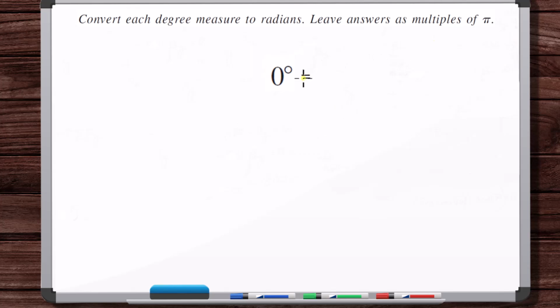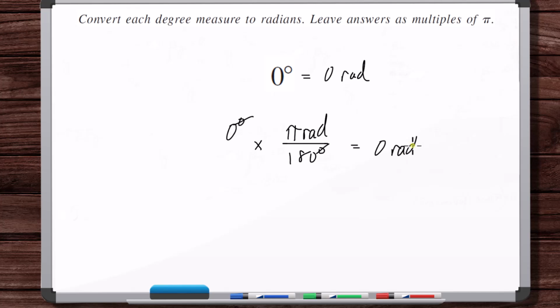Okay, 0 degrees is equal to 0 radians. But you could do the conversion factor, 0 degrees times pi over 180, 0.